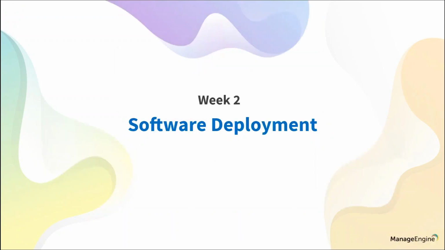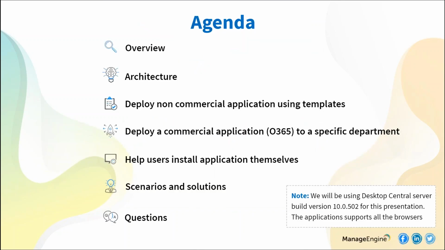Let's look at software deployment today. First, let me quickly talk about the agenda. We will have an overview of Desktop Central. Then we'll have a look at the architecture behind how Desktop Central works.